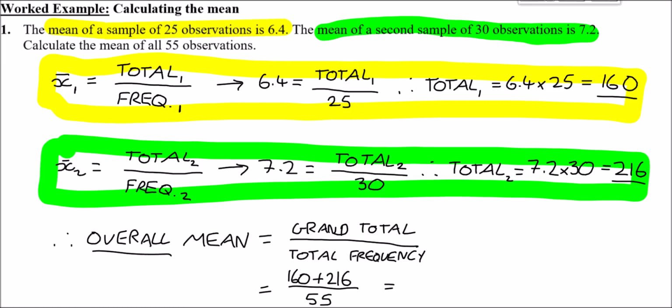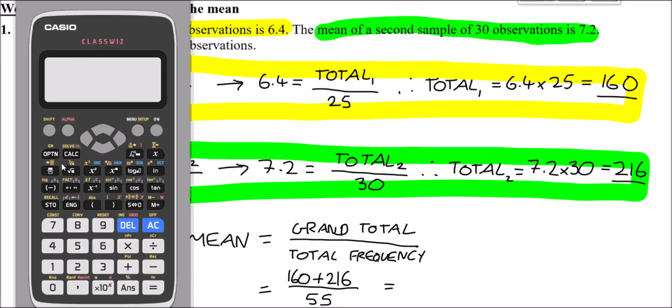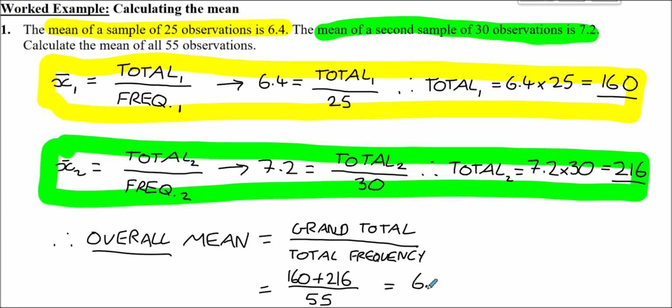So now if we try this on the calculator, 160 plus 216, divided by 55, to 3 significant figures the mean is going to be 6.84. And that's all there is to do for this first example.